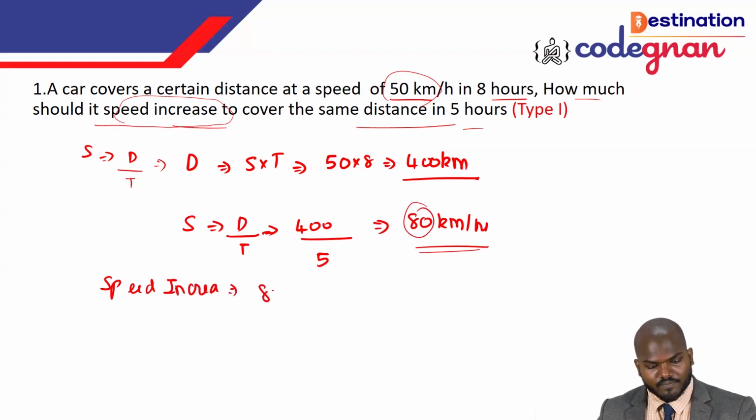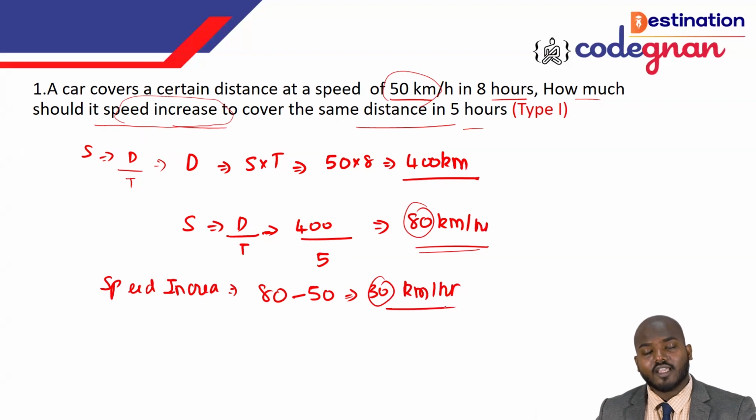The new value is 80, the old value is 50. If you subtract, you will get 30 kilometer per hour. So you want to increase 30 kilometer per hour from the existing speed so that you can reach the destination in 5 hours. That's the deal they have given, so make sure you take this into account.